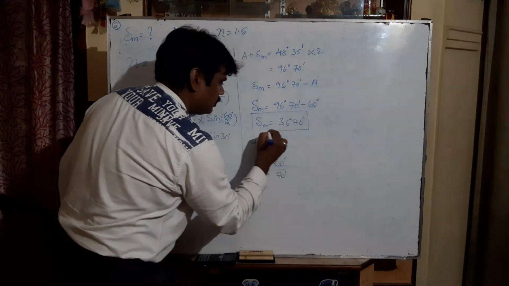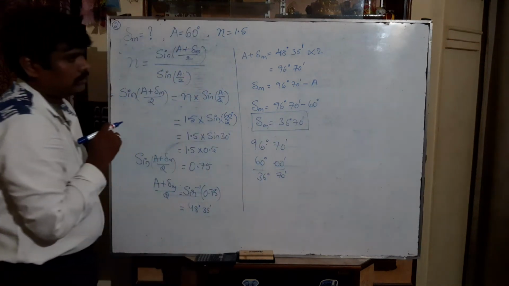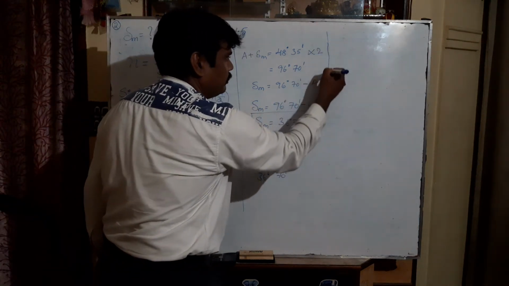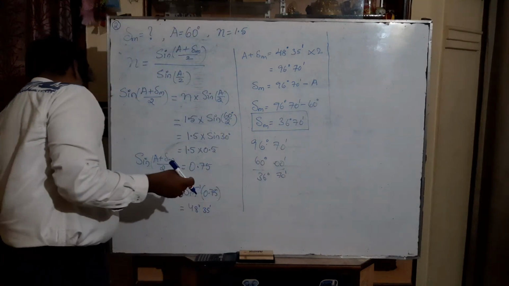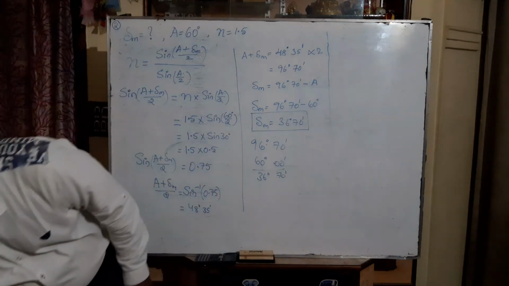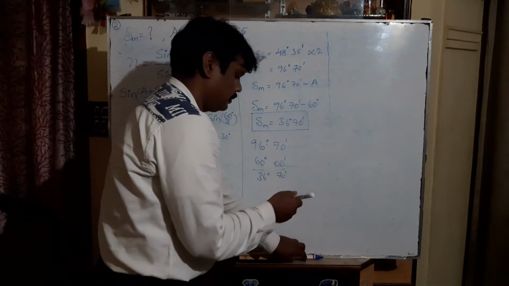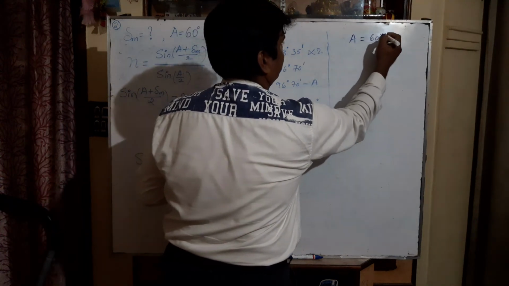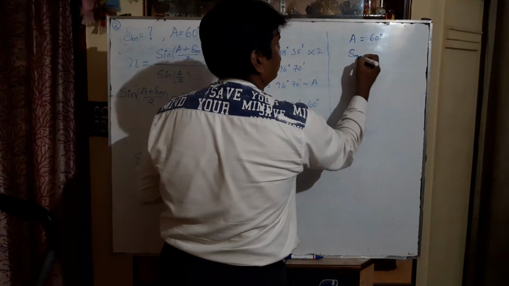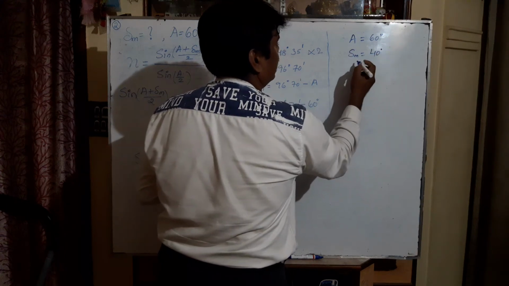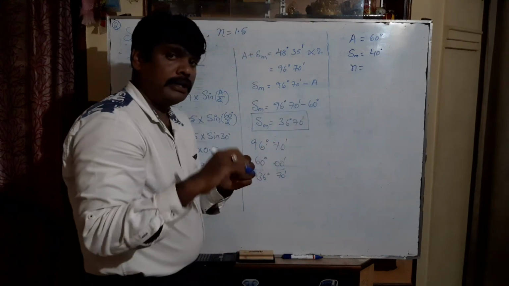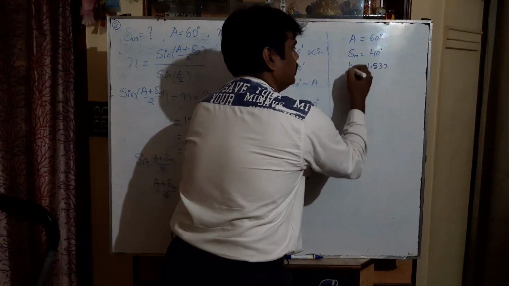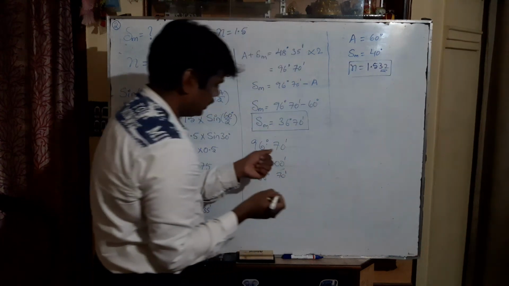I want to make a note that's very important. In the previous problem, the angle of the prism A was given as 60 degree and the angle of minimum deviation as 40 degree, and there we calculated the refractive index as 1.532. This fraction can change this value.